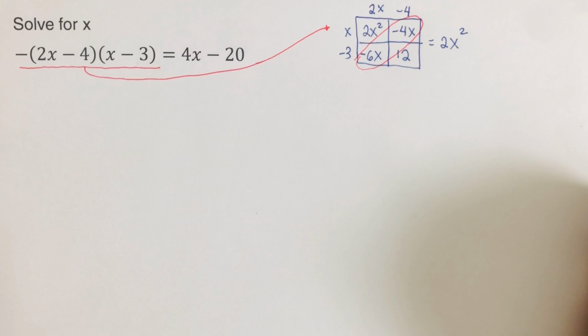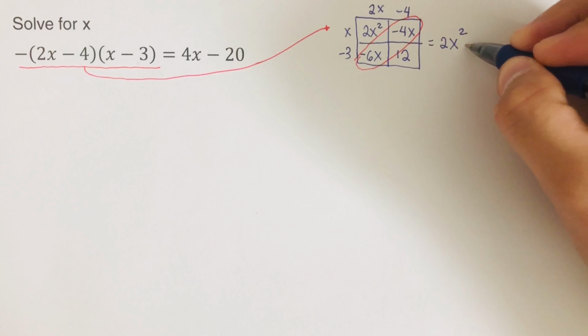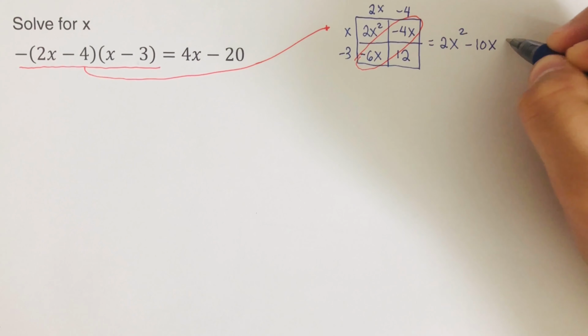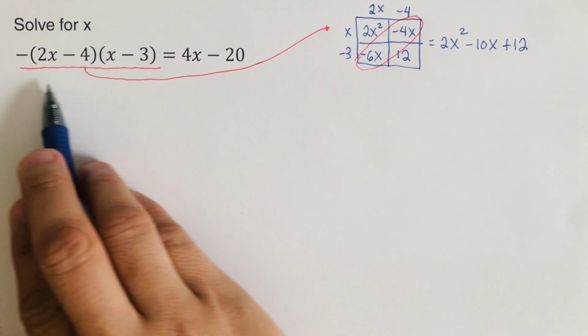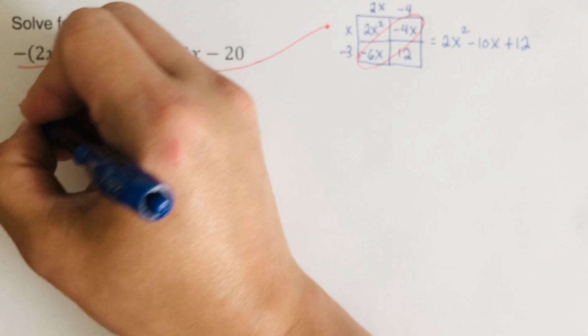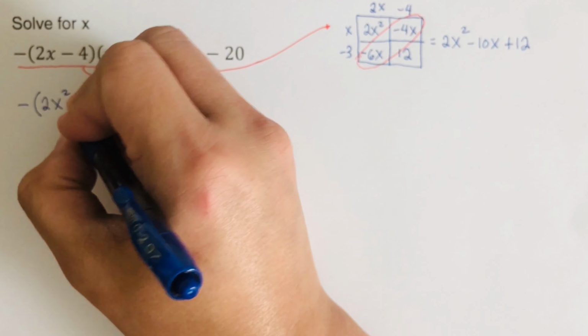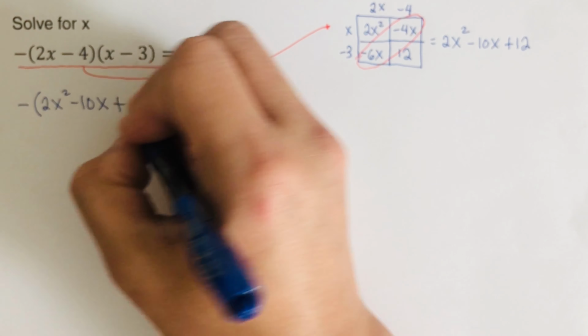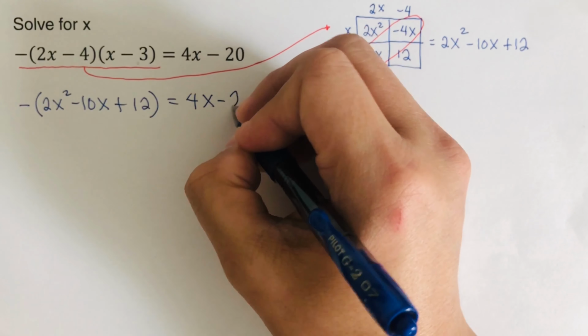That's negative 6x minus 4x is negative 10x, and then that's a plus 12. So then this would be written down here. So this would come out negative of 2x squared minus 10x plus 12 is equal to 4x minus 20.